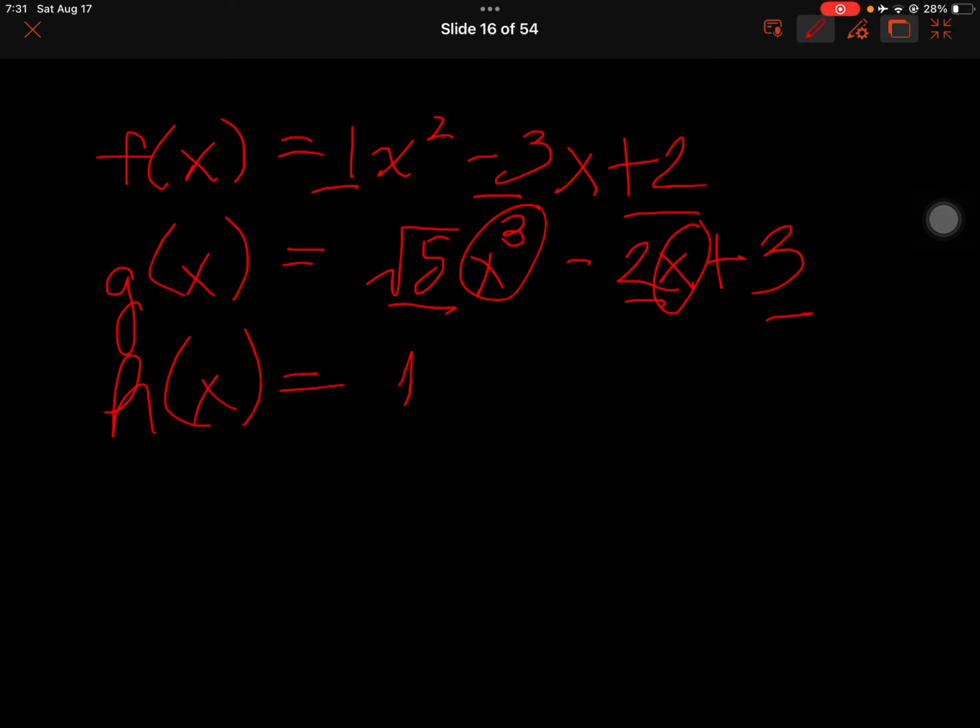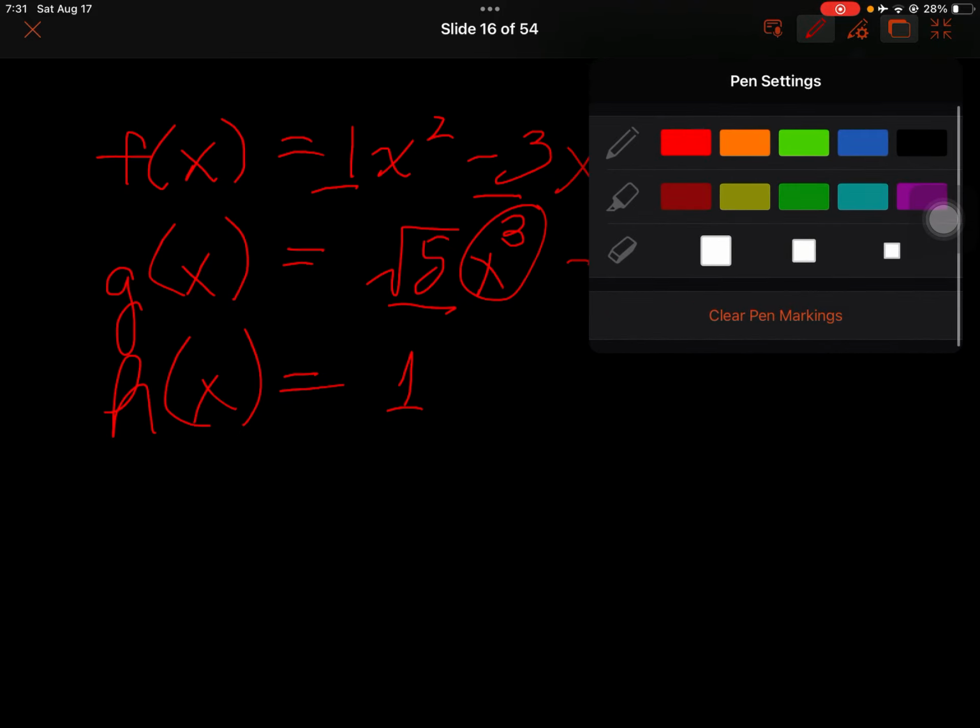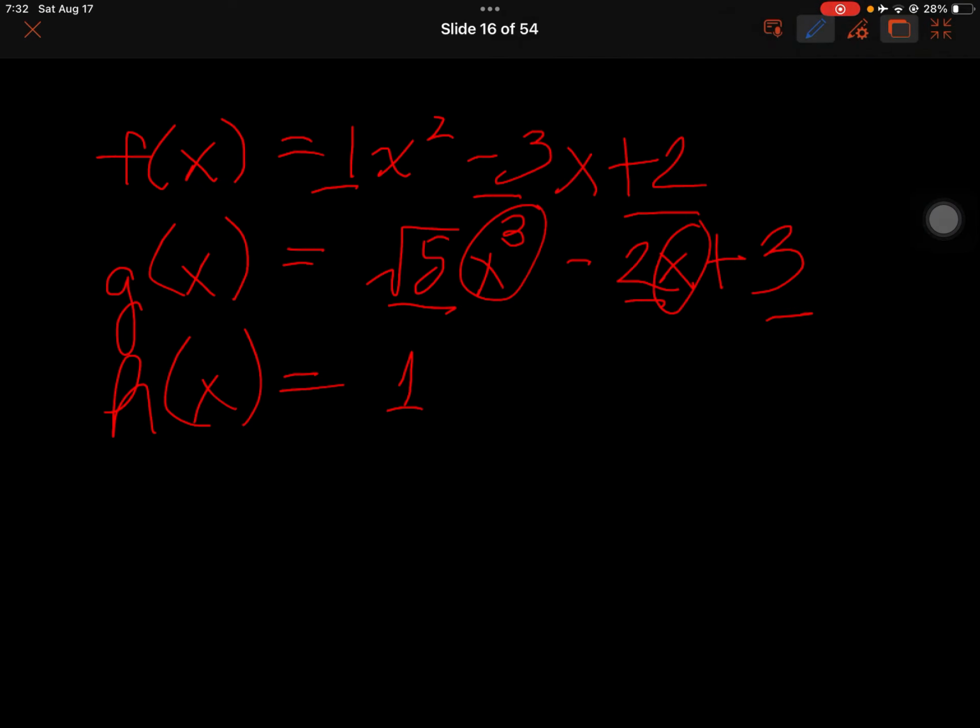Another example is this. h of x is equal to 1. Why? Because although we don't see any variable here, a sub 0 is still a part of the equation.